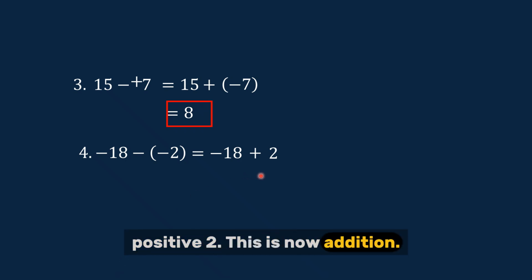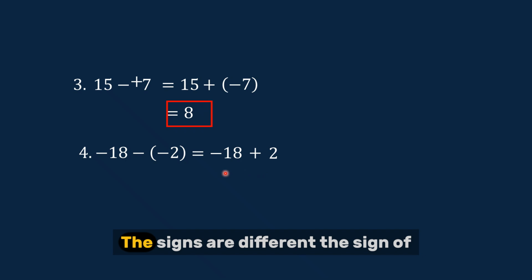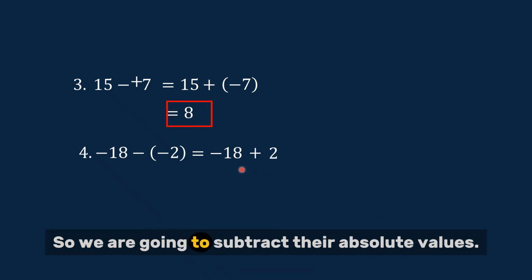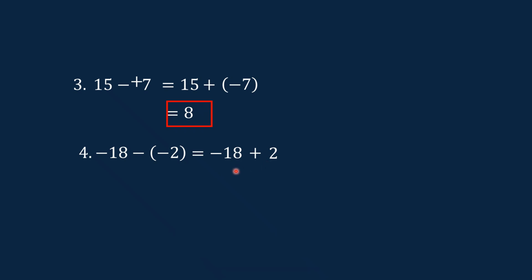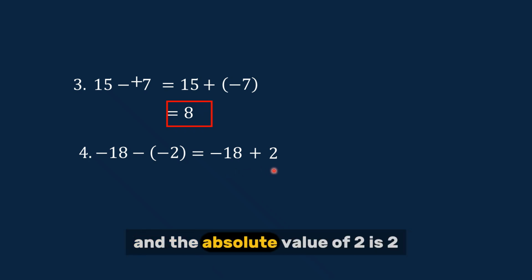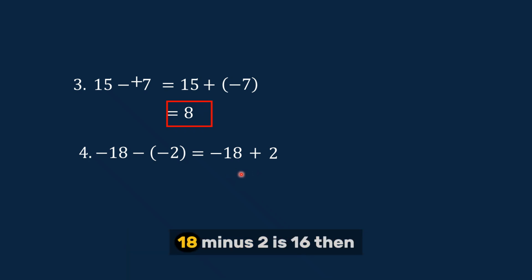This is now addition. The signs are different. The sign of negative 18 is negative and the sign of 2 is positive. So we are going to subtract their absolute values. The absolute value of negative 18 is 18 and the absolute value of 2 is 2. 18 minus 2 is 16.